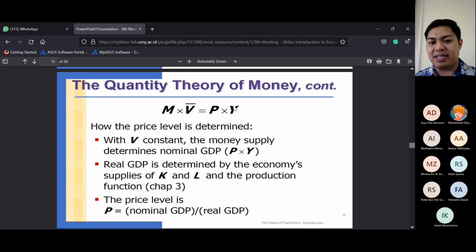So Y here is the GDP that is determined by K and L, capital and labor. So the price here is nominal GDP over real GDP. In this case, P is M over Y.